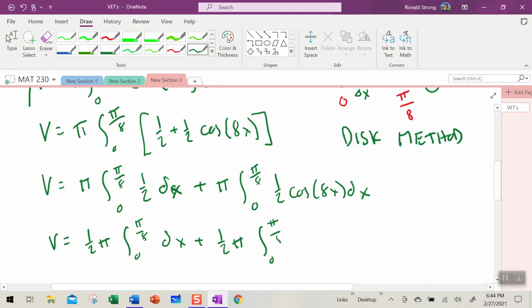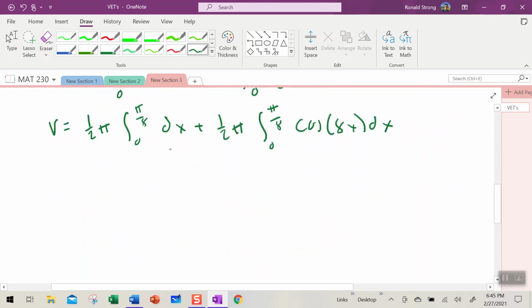I like to go through and do this very methodically. And so we need to integrate the cosine of 8x. Well, let's start with the integral on the left. The volume is going to be equal to 1/2 pi, and that's going to be x integrated from 0 to pi over 8.